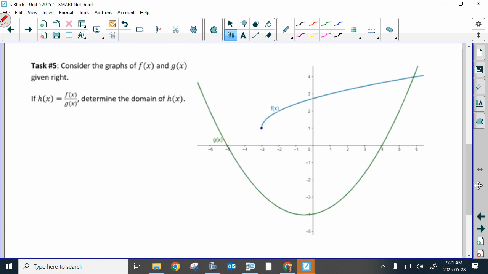There's a radical function that's f of x, right? And then we've got some sort of quadratic function. Guys, can I divide functions if it does not exist? Okay, so clearly my domain is going to start here because my f of x has a domain of x is greater than or equal to -3. So that's one piece.